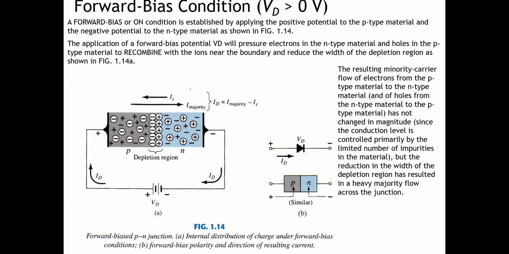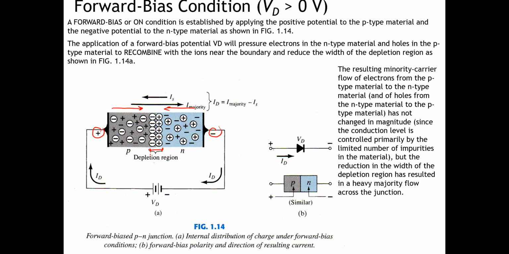And if we put VD larger than 0, where we connect the p-type to positive and the n-type to negative, the majority carrier holes in the p-type will go to the depletion region because they are repelled by the positive voltage. The electrons will also go to the junction because they are repelled by the negative voltage here. So the depletion region becomes smaller.